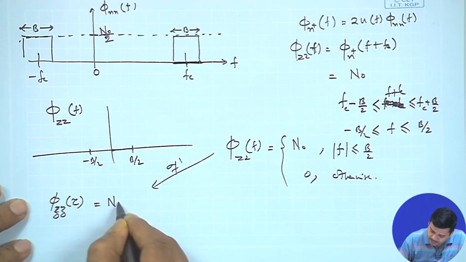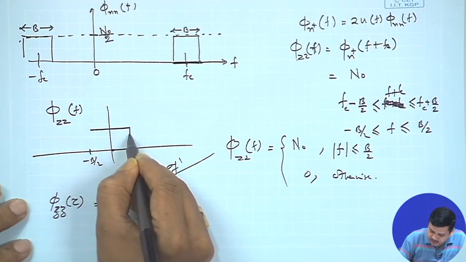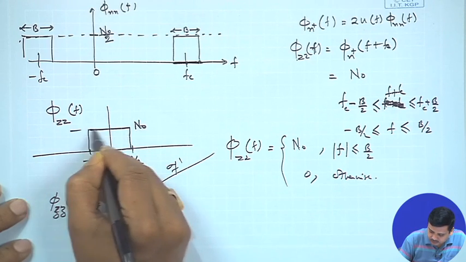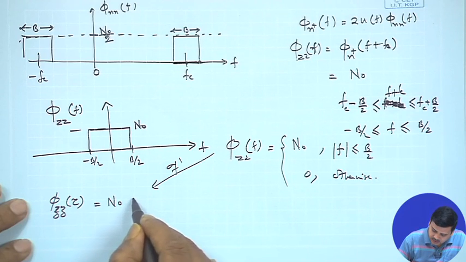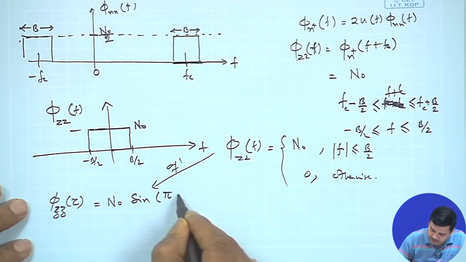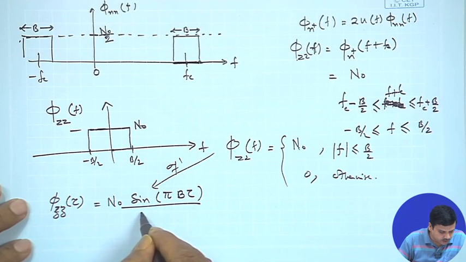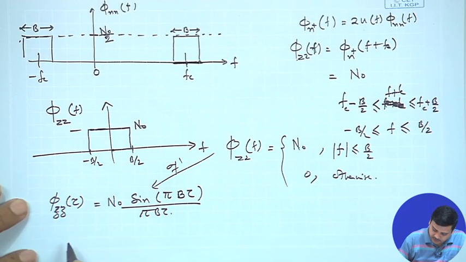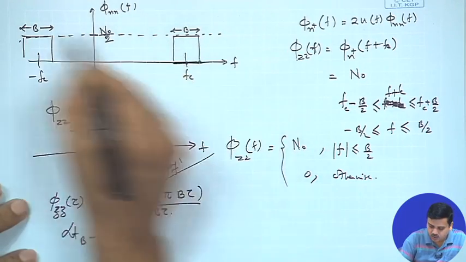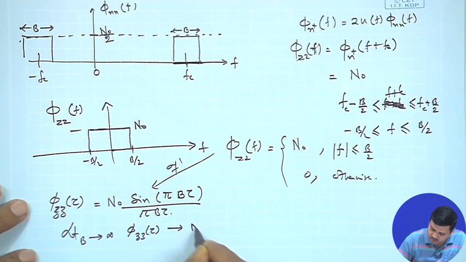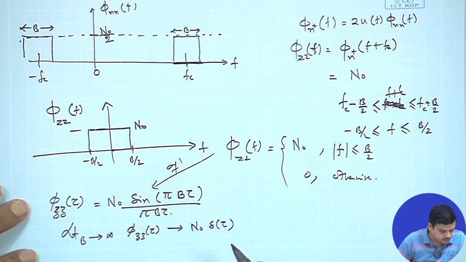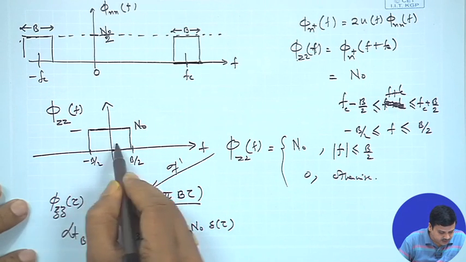Now, from this you can calculate the inverse Fourier transform and get phi z z of tau, which will be n naught sin pi b tau upon pi b tau. Now, if you let b tend to infinity, that means you take the whole bandwidth into consideration, then you find phi z z of tau almost tends to n naught delta tau, and the power spectral density is symmetric as we are seeing.